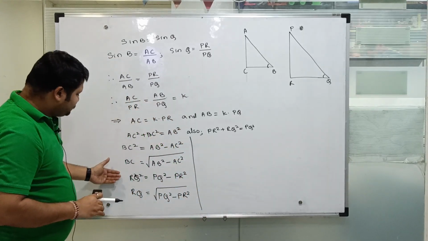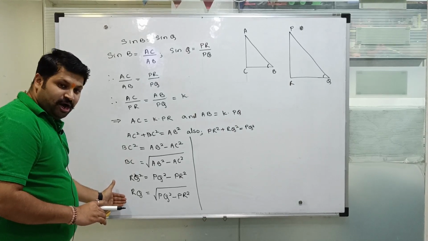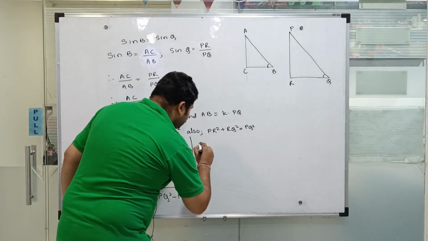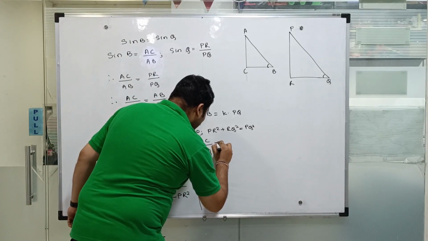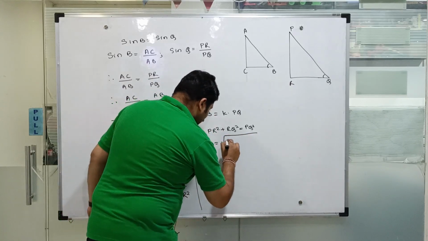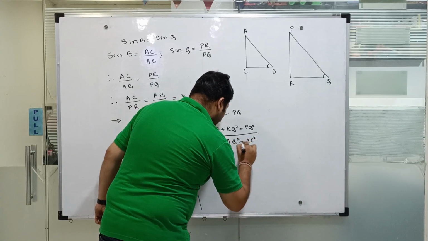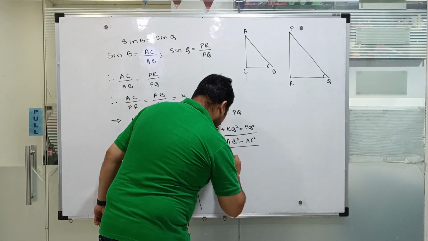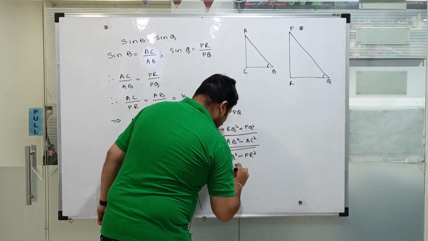Now let's take the ratio of BC upon RQ. So BC upon RQ can be written as root of AB square minus AC square divided by root of PQ square minus PR square.